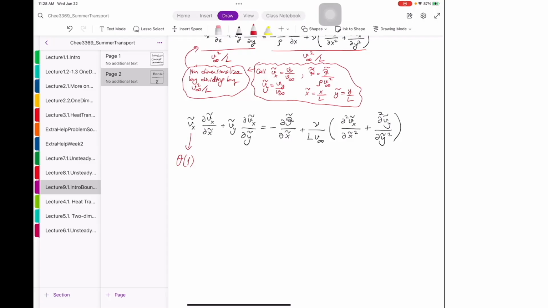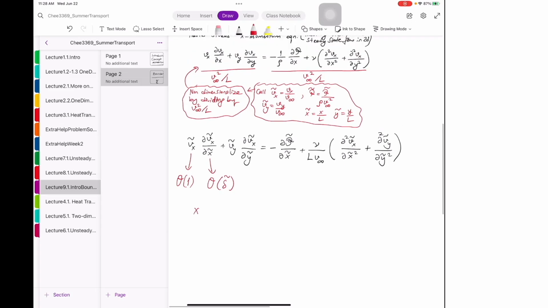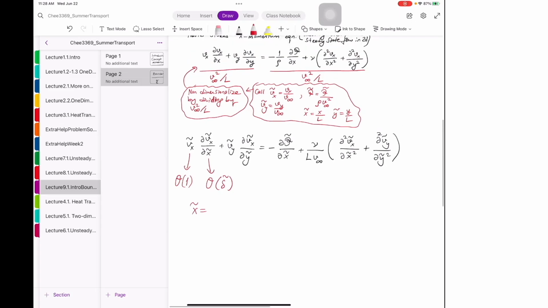And the derivative of Vx tilde with respect to x is going to be in the order of delta tilde, because if you have a look at x tilde equal to x over L, right? So x is in the order of delta.